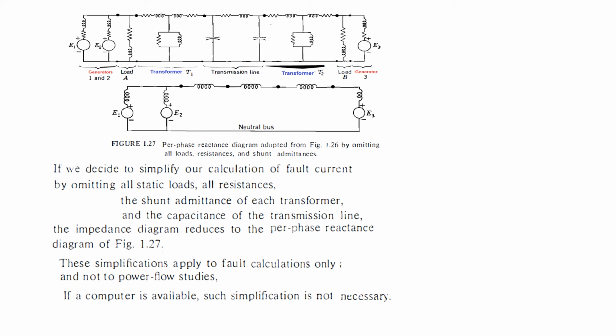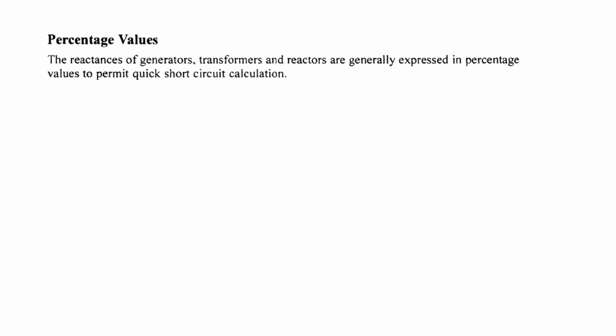But for the time being, we'll move with this. This is the simplified diagram. Then percentage values are used. The reactances of generator, transformer, and reactors are generally expressed in percentage value to permit quick short circuit calculations. So you have to keep this point in mind.